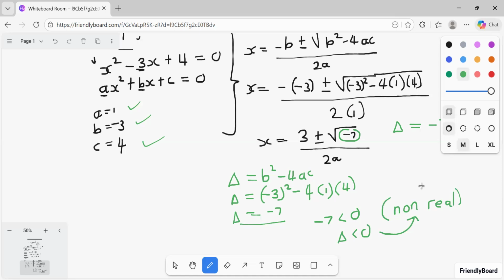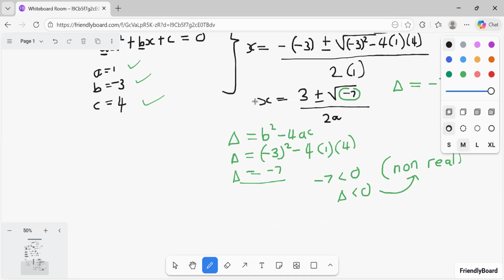All right, so anyway, let's finish our quadratic equation that we were solving using the quadratic formula. So we were right here. So let's finish it up. Let's continue.